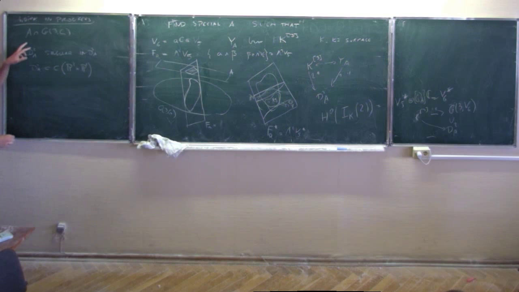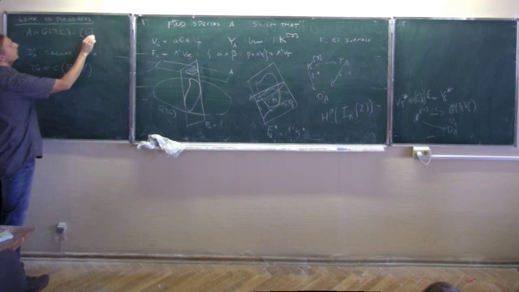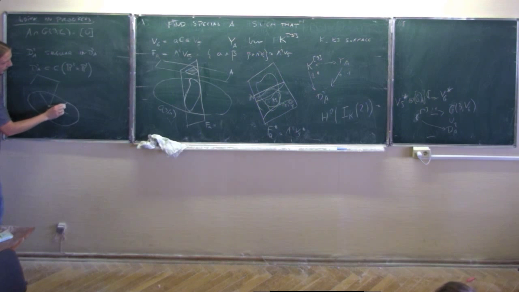So this cone comes from this intersection point. This intersection point is just U, and we have the tangent space to U intersect the Grassmannian in a cone over P2 cross P2. So in the Grassmannian here, we have this point of intersection A, and we have this cone of P2 cross P2, which is contained in the Grassmannian.